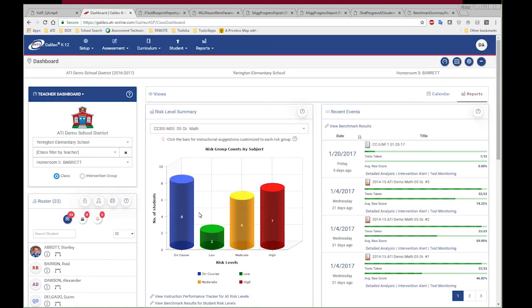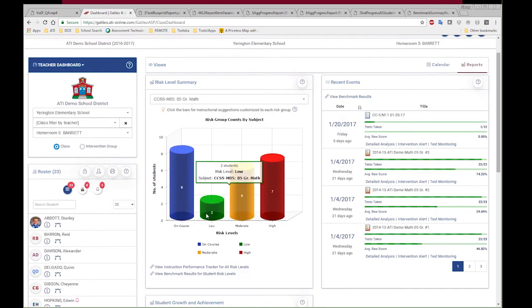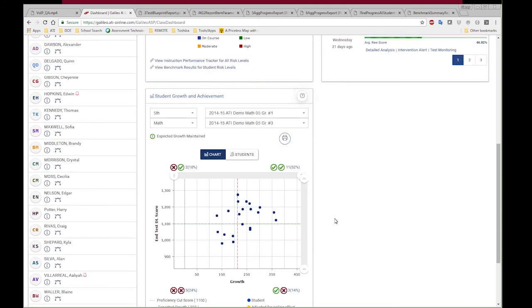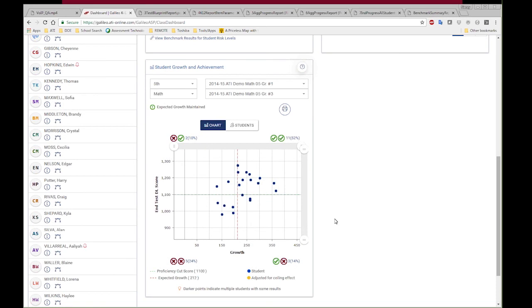Now, I've even had a question already submitted about growth, and we do have a growth report that you can access both at the classroom level, the school level, and the district level. And I will, just for demonstration purposes, show you how it works at the classroom level, and then we can look at some other ways to look at this as well.